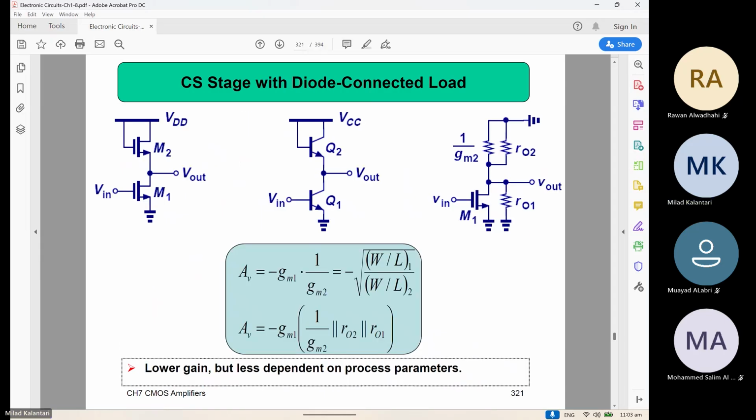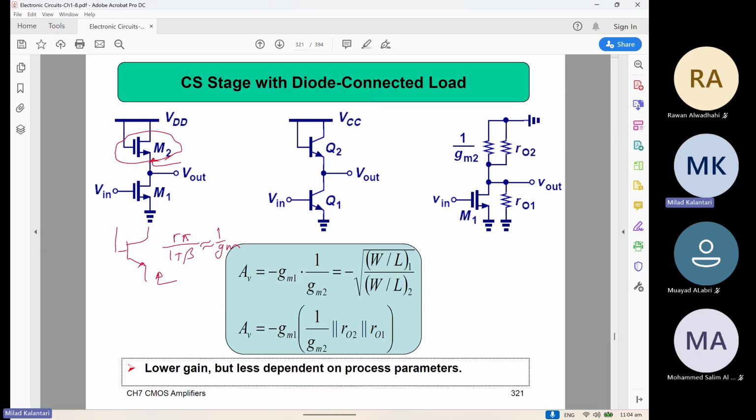On the other hand, we can put another device like this, but since we are looking at the source, if you remember for the BJT, when we were looking from the emitter, the impedance we were seeing was R pi divided by 1 plus beta, which was roughly 1 over GM.